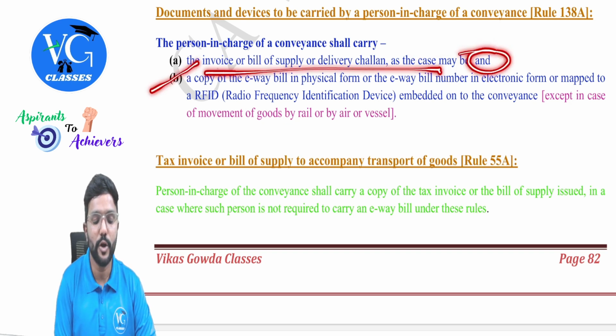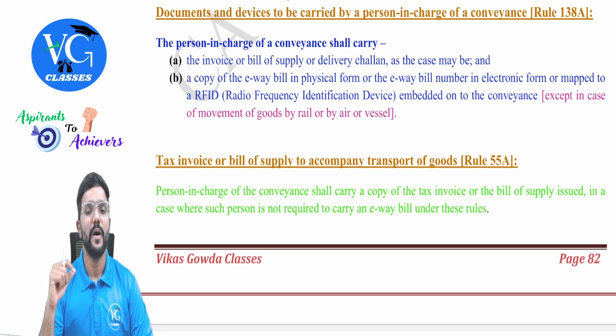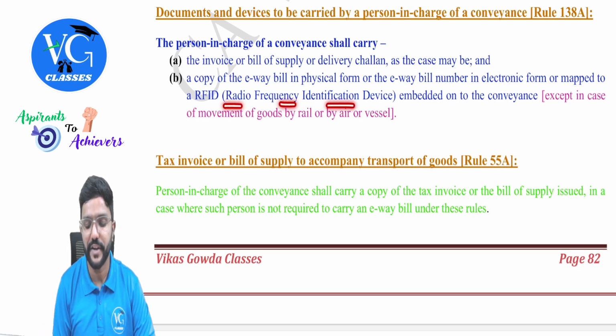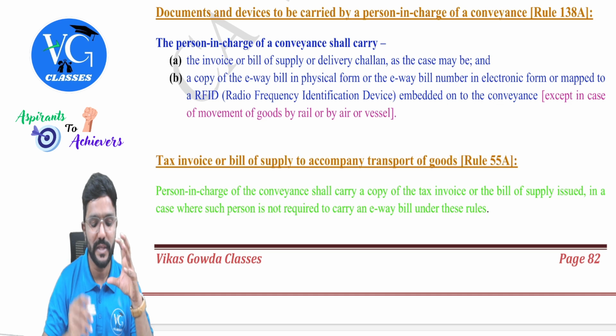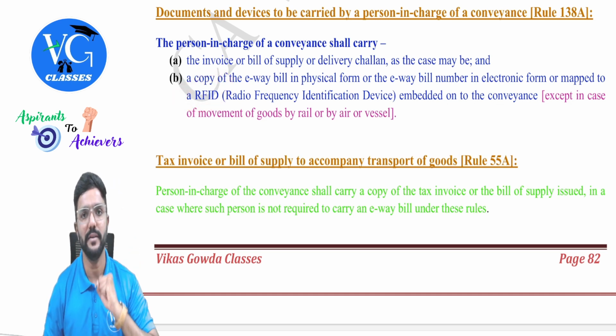Along with that, a copy of the e-way bill in physical form, or the e-way bill number in electronic form mapped to RFID, that is radio frequency identification device, which is embedded on the conveyance. So this is the device which is embedded, fixed or attached on the vehicle.